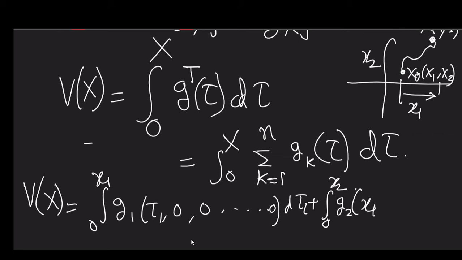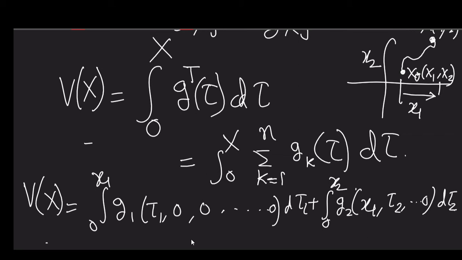Here we know that this first coordinate, we have already reached x1, so let us keep it fixed. And then here it will be tau 2. Tau 2 will only vary in this integration.